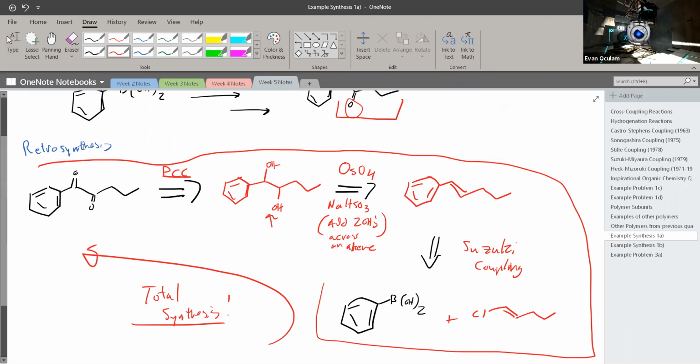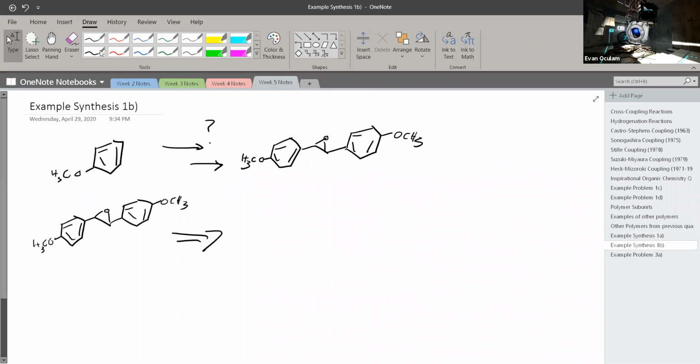All right. Let's do our next synthesis. This is a little bit tougher one because now we need to keep in mind other parts of this reaction. Starting from just a single benzene ring, we can get to something with two benzene rings.